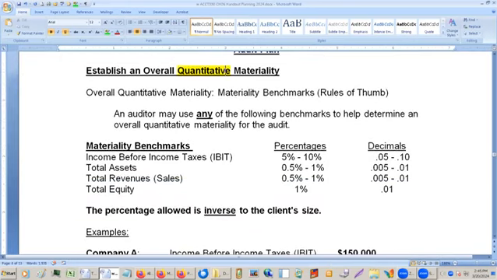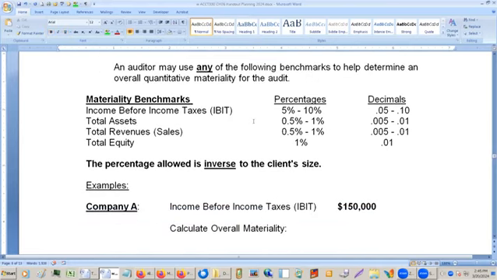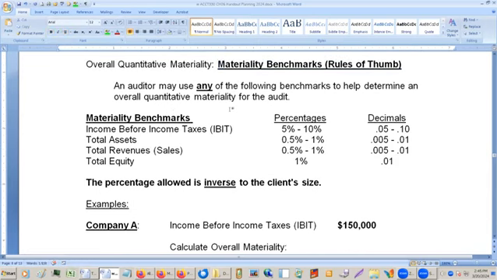Okay, so quantitative materiality. This is for dollar amounts. I mean, this is usually what we think about when we think about materiality. How many dollars is it to be material? This is all judgment, but they do have rules of thumb, and different CPA firms will have their own rules of thumb that they use.